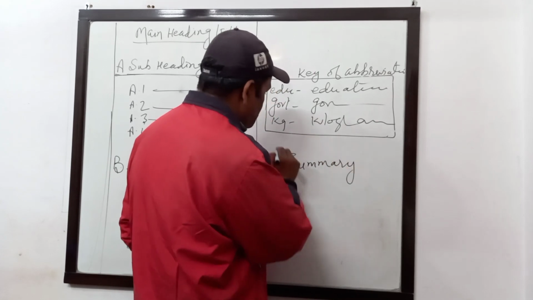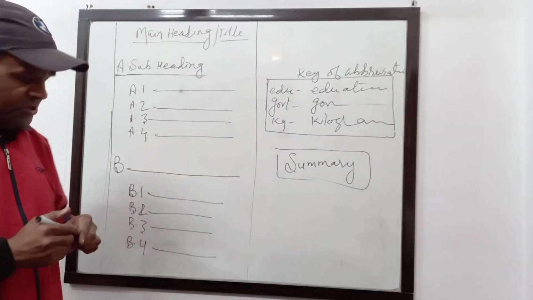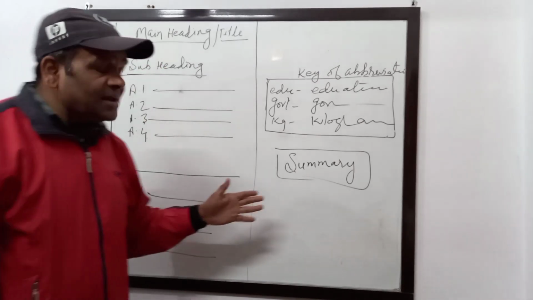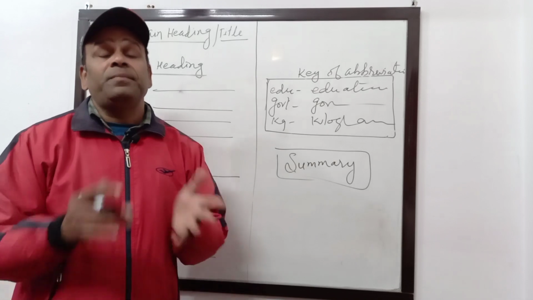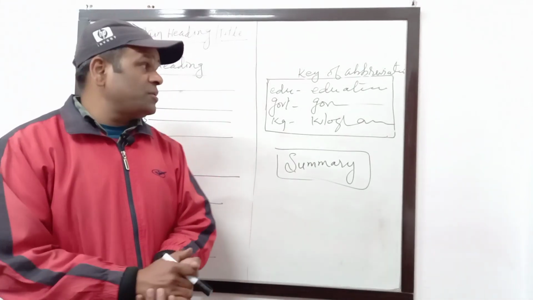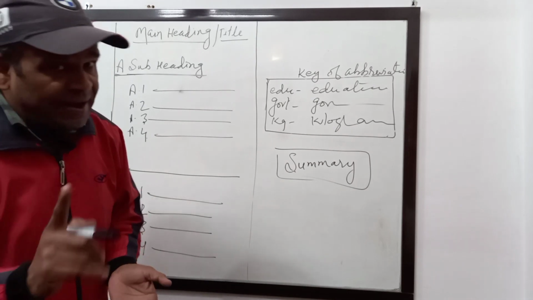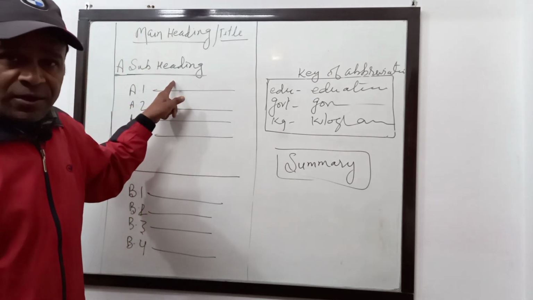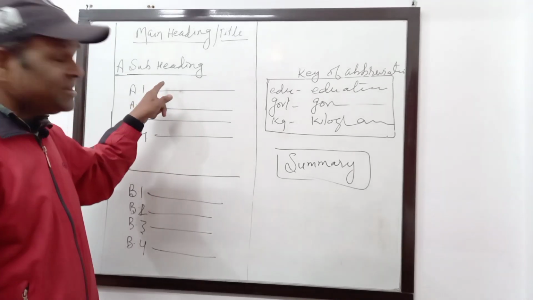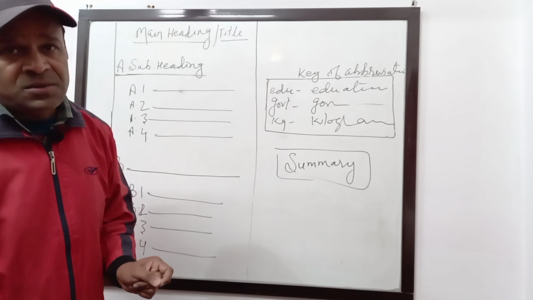This is the conclusion. What do we do when we write a summary? Most of the children start reading the passage again. I request you, my dear children, you need not read the entire passage again. Whatever minor points you have selected, just start elaborating those minor points.